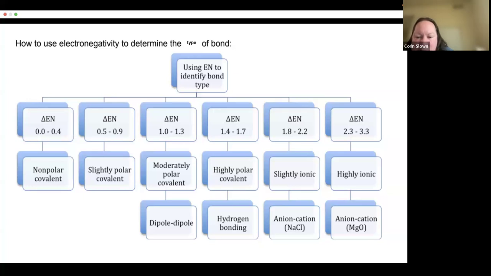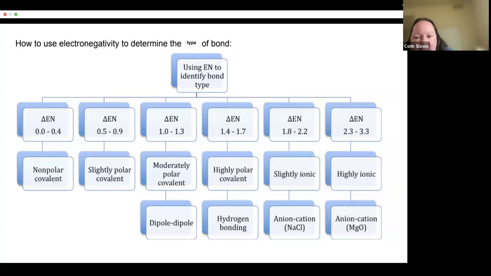And you'll notice that there are even differences between the types of ions. So something like an anion-cation relationship that is NaCl is not as highly ionic as something like magnesium oxide.